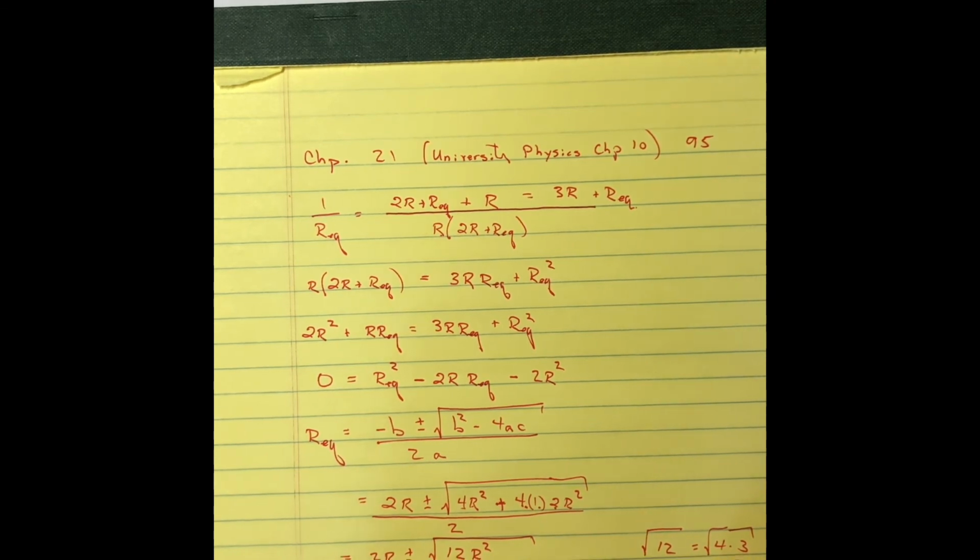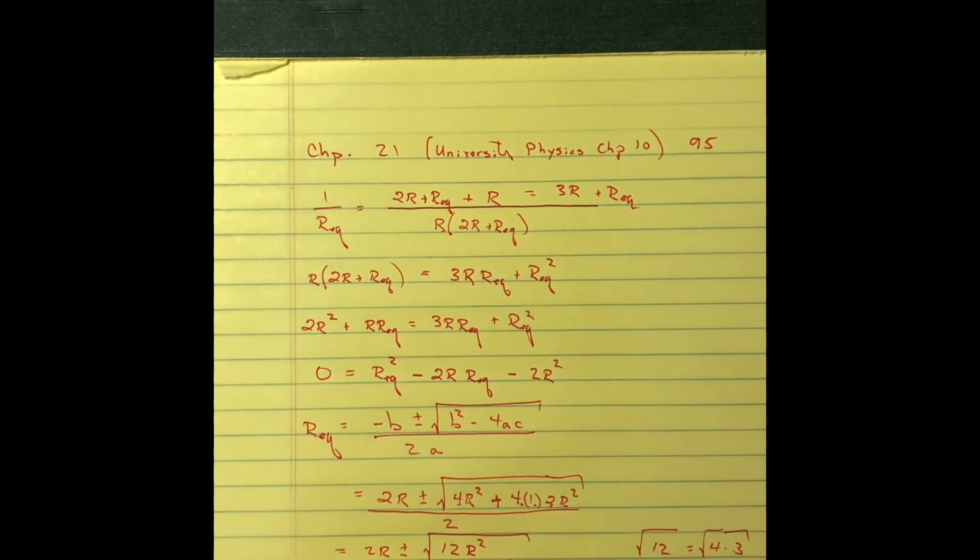And then I'll also do the square root of R squared all over 2. And it looks like factoring out a 2 and then canceling it leaves me with an R plus or minus root 3 R. And then finally, recognizing that the square root of 3 is more than 1, it's about 1.7, I'll drop the negative for the equivalent resistance.